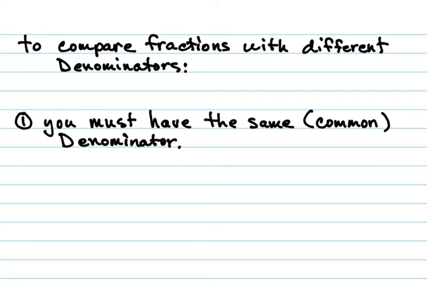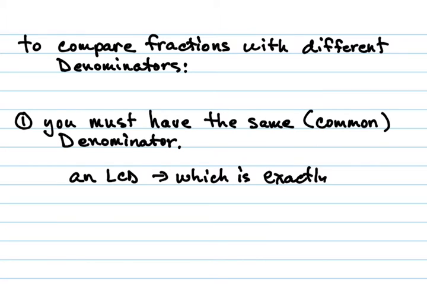To find a common denominator, you must have the same denominator. An LCD, least common denominator, is exactly the same as an LCM, least common multiple.